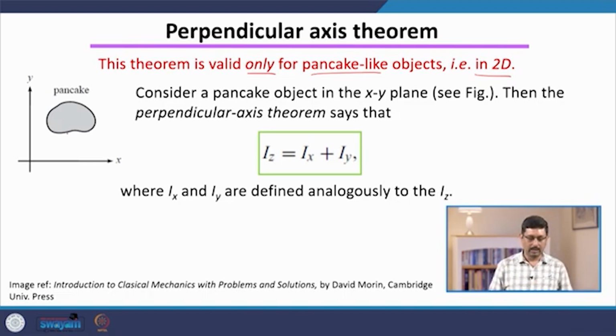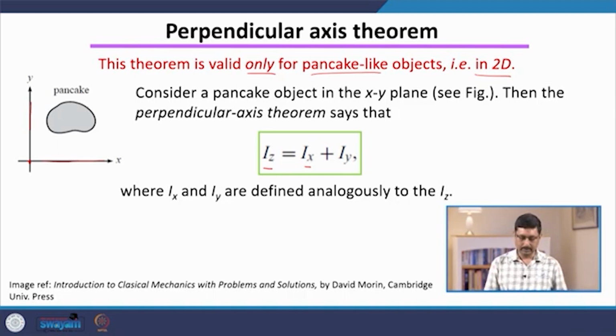So, like you have in this figure, let us say this is the origin, this is the x axis, this is the y axis and this is the z axis. Now, consider the same pivot point, where Iz is the moment of inertia about the z axis, Ix is the moment of inertia about the x axis of this object, and Iy is the moment of inertia about the y axis.